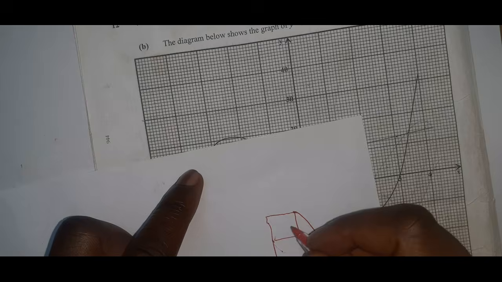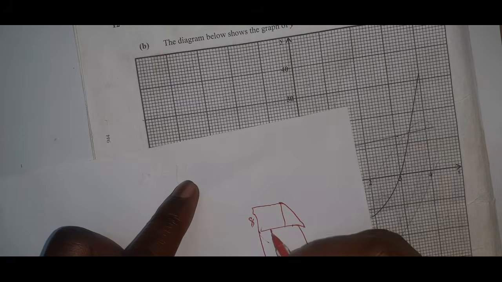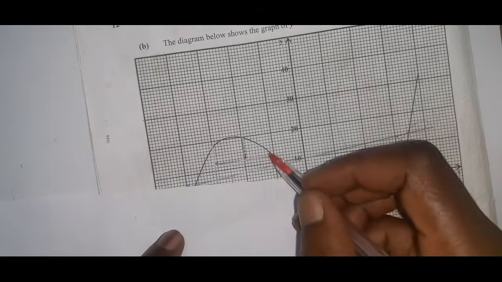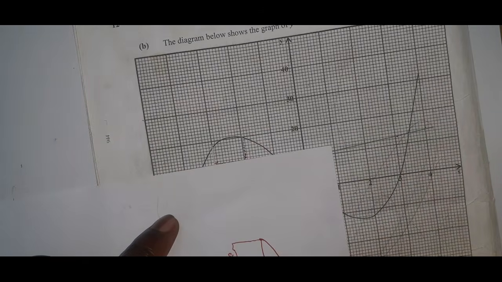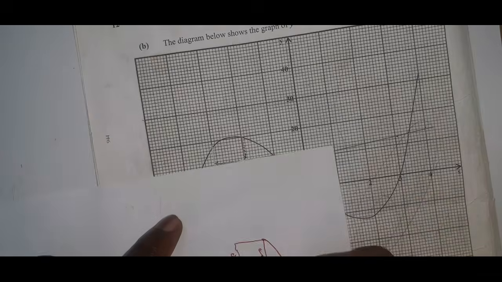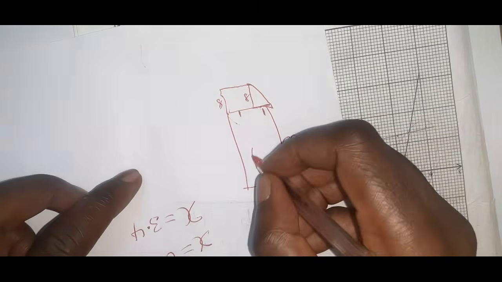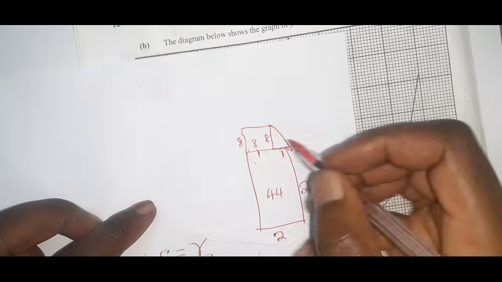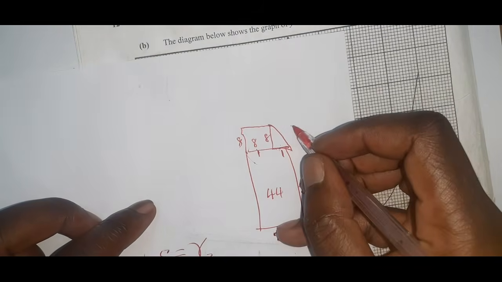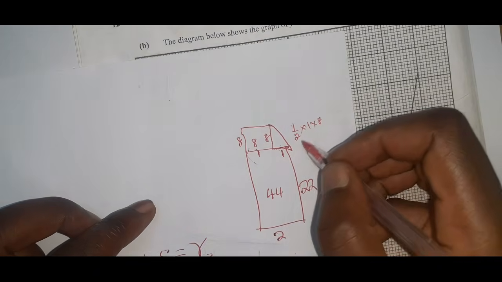Let's take it that this is 8 here. Then here it's 1. Then the triangle, this is 1. This part is also 1. Then up it's 8. So when we multiply here, this is going to give us 44. And this one will give us 8. Then this other one will give us 4.